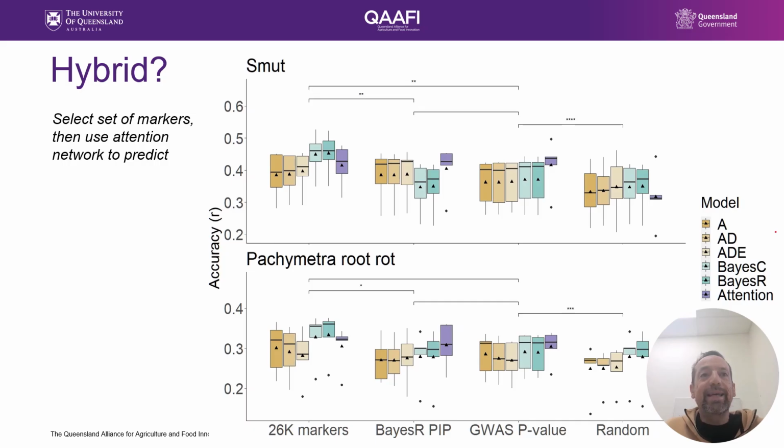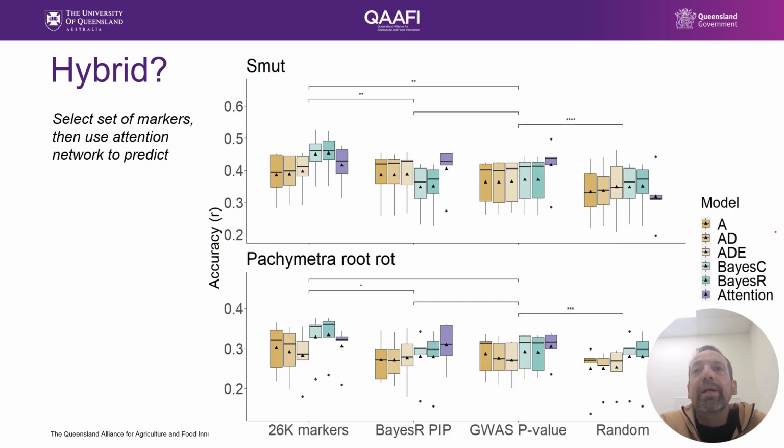And you can see, again, A is the BLUP model. You add in dominance, epistasis. We have our Bayes-R model with all the SNPs. But then the hybrid with the Bayes-R PIP is in the purple. It's just taking the subset of markers identified by Bayes-R. And you can see it gets a slightly higher accuracy than the other methods.